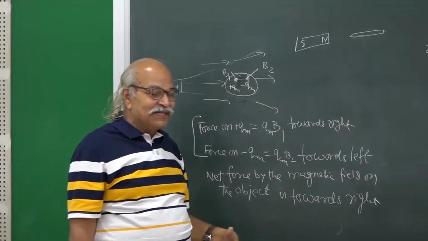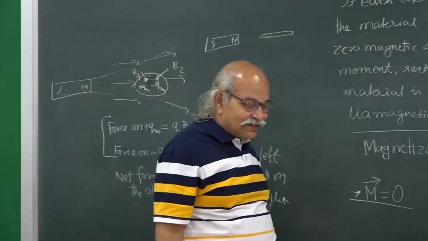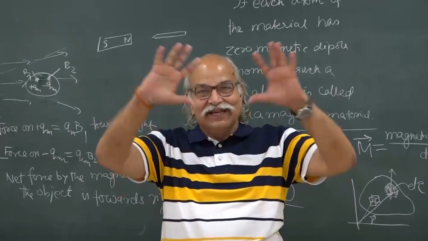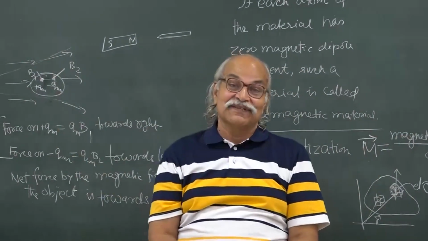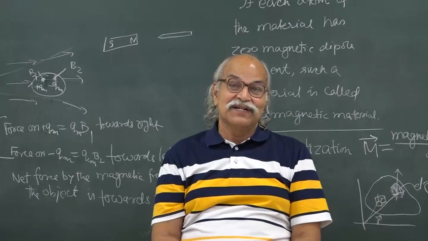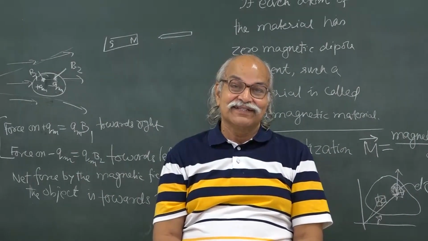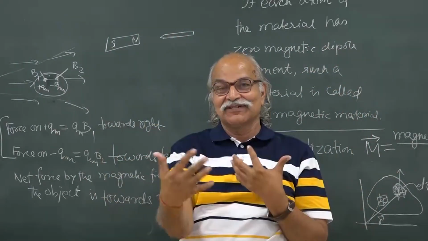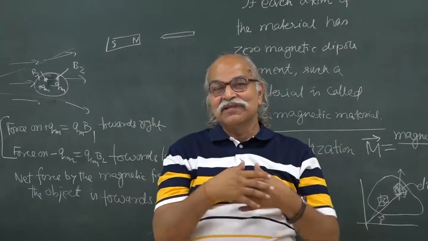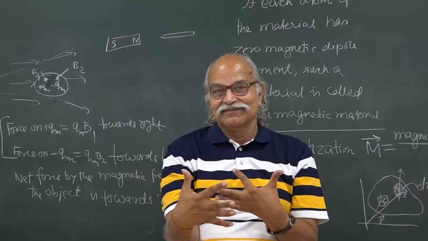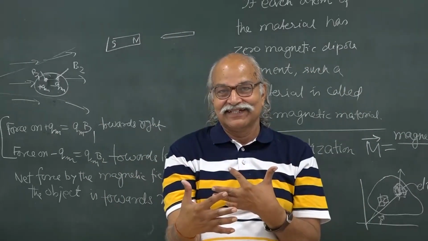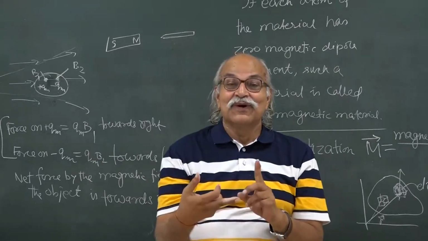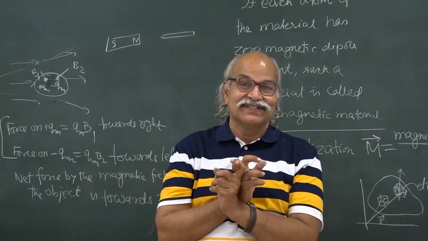So, all the things that we see on the earth's surface, 6,400 kilometers radius, some 70-80% of that is diamagnetic, because water is diamagnetic.